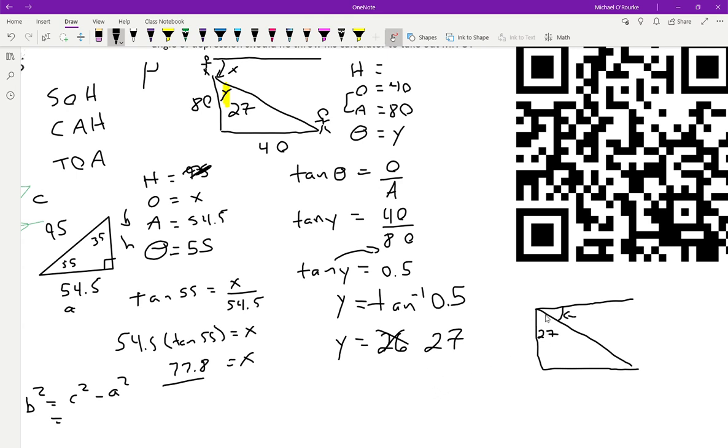This angle right here is 27. Good. Equals what's that? 73? No, 63. 63 degrees. Okay.